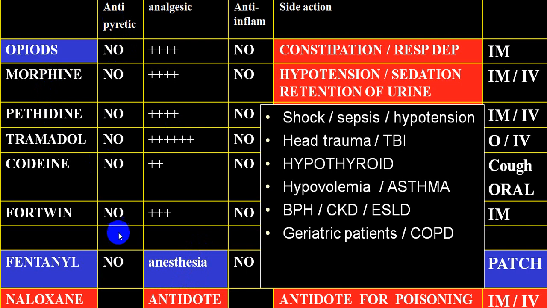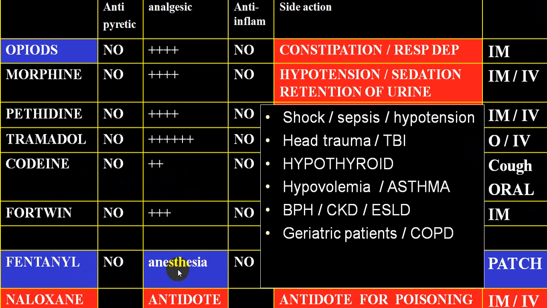All are non-antipyretic, non-anti-inflammatory groups. Mainly these are available in the form of intramuscular and IV preparations. Tramadol is available as oral and IV. Codeine is available in the form of oral cough preparations, etc. While Fortwin is available mainly as an intramuscular preparation.